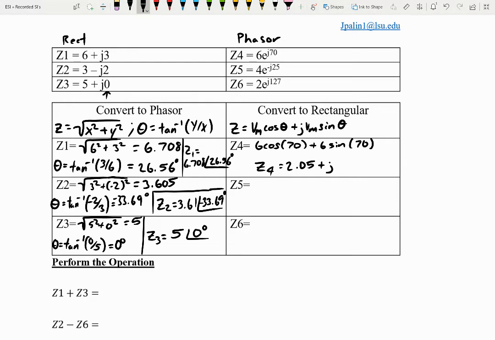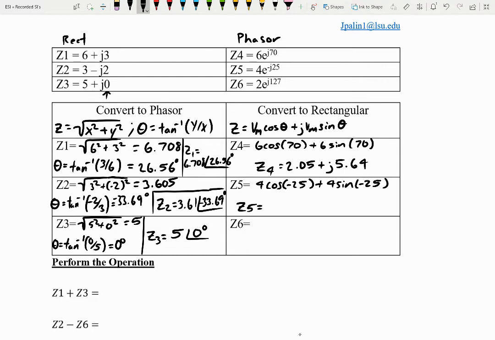Then we'll get 5.64 for the imaginary part. That's all we're doing. So z5 would be 4 cosine negative 25 plus j 4 sine negative 25.